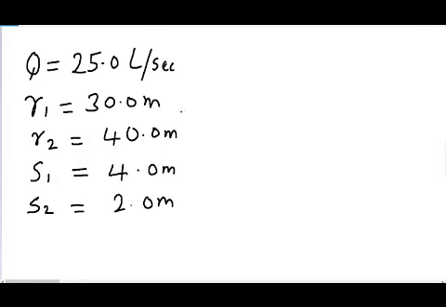Now, as you can see, all our values are given to us in meters, except the discharge, which is 25.0 liters per second. So we have to convert it to either cubic meters per hour or cubic meters per day, so that we will have uniform units.